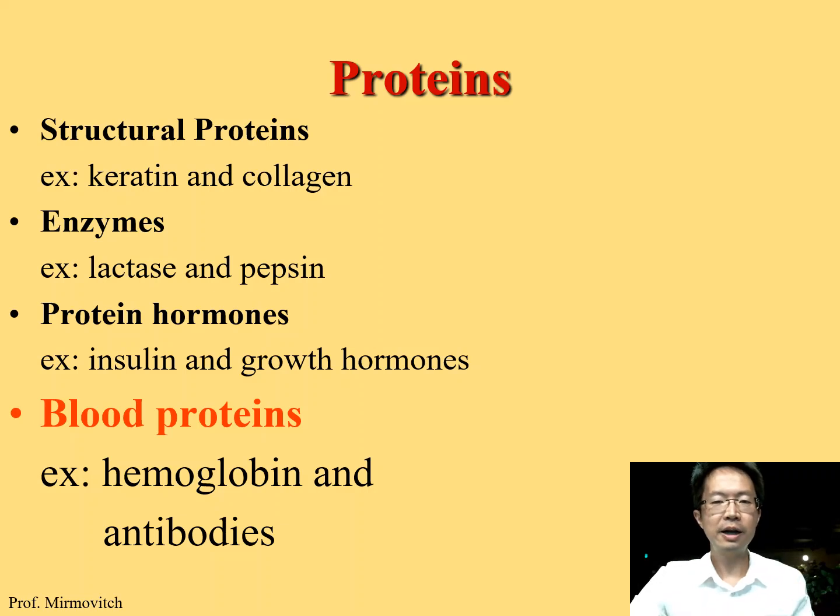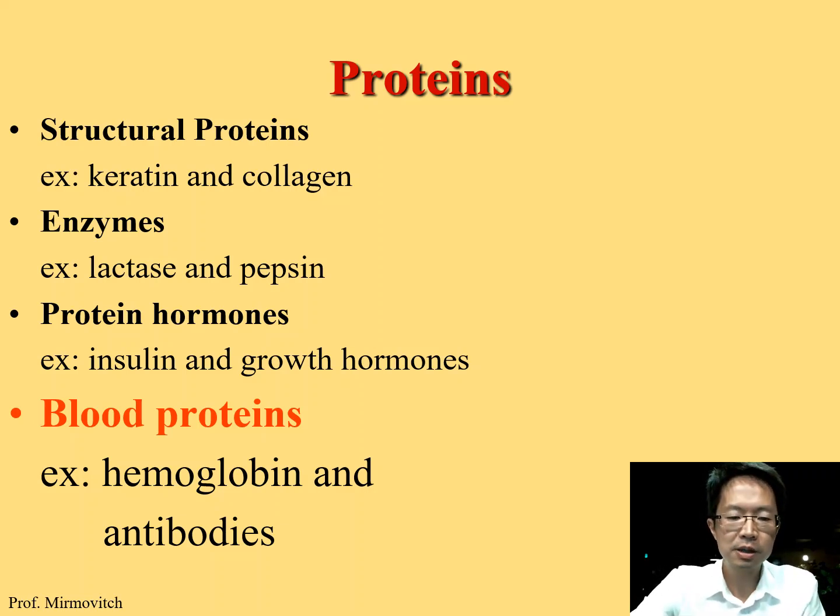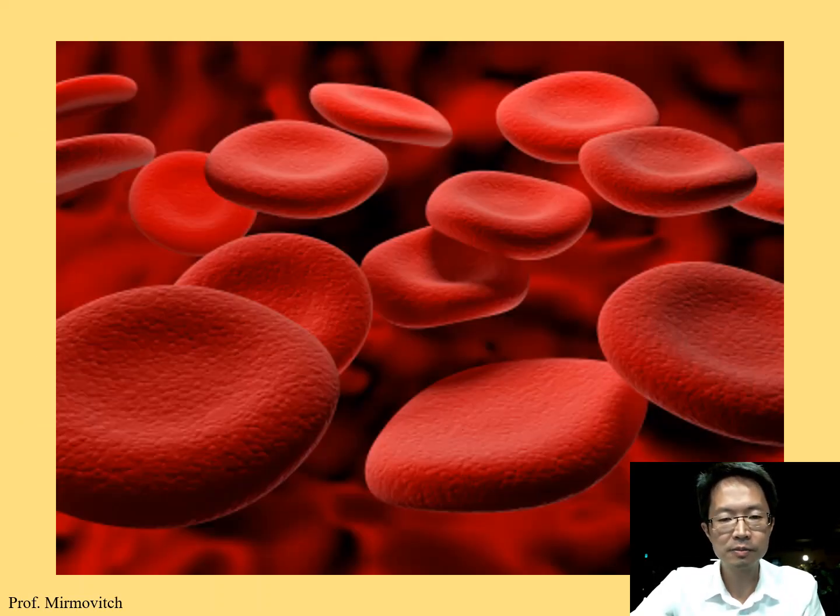Blood protein, yes, protein forms something called hemoglobin or antibody. Both hemoglobin and antibody are considered blood protein. As you can see, this picture shows a lot of red blood cells. You may have known that the function of red blood cells is to carry oxygen.